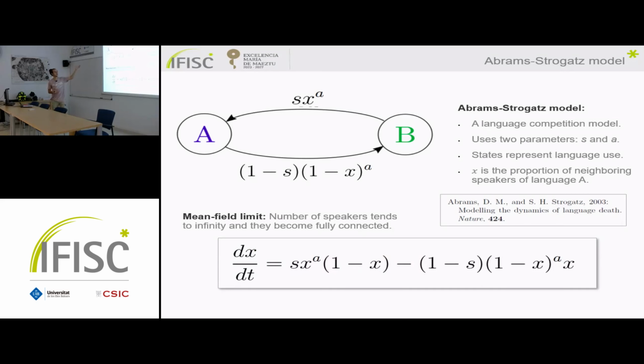Here it would be language A and language B. The two parameters are the prestige S, which is a language preference parameter that introduces bias to the system. In this case, the prestige goes from 0 to 1. So for a prestige higher than 0.5, this will make the transition from B to A preferable, making language A the prestigious one. And then we have the volatility, which is a positive exponent on the variable that introduces a nonlinear effect. This variable, x, is the proportion of neighboring speakers of language A.